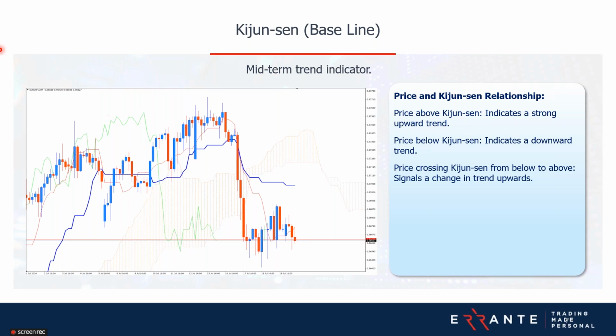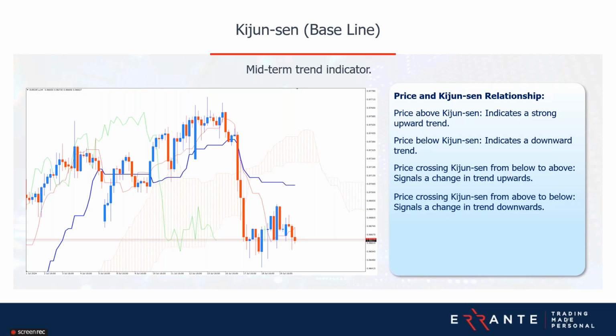So you really need to practice it on different charts to see how good you are at finding and interpreting these crossovers. The other situation is when prices cross Kijun-sen from above to below.